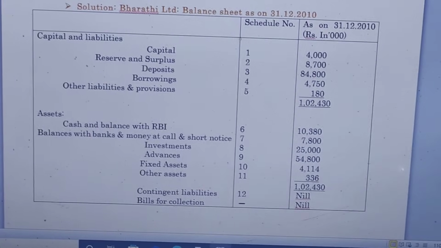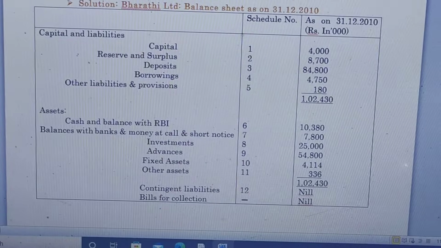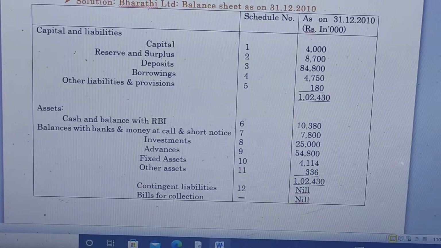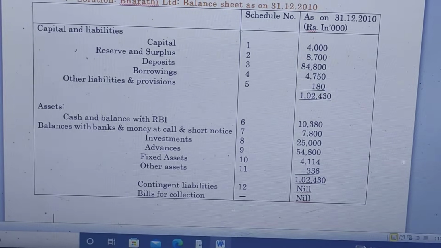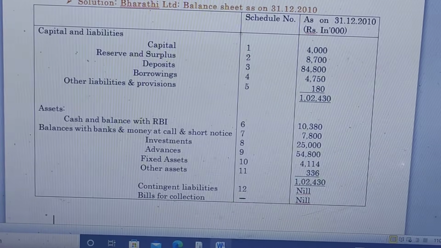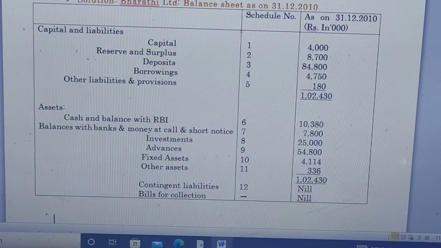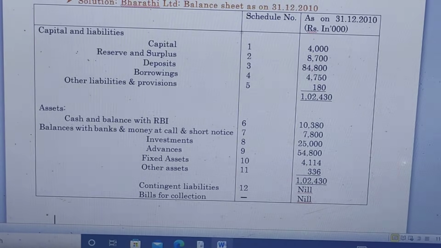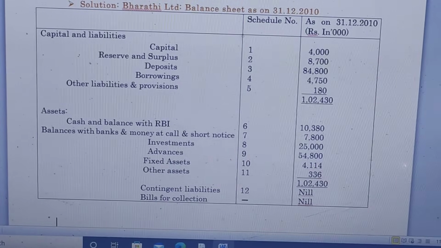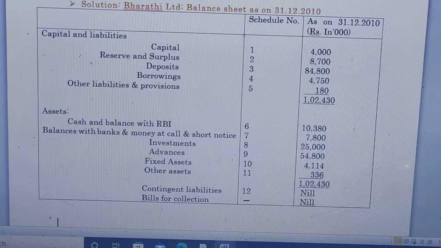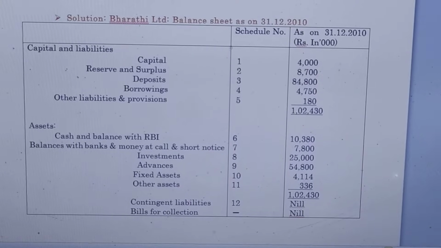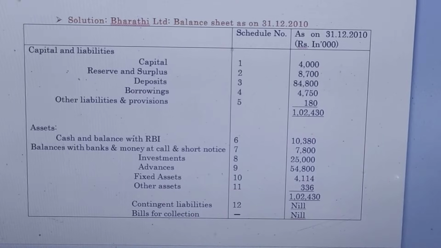The schedule number 9 total is 54,800, and the schedule number 10 heading is fixed assets, with a total of 4,104. Schedule number 11 heading is other assets, with a total of 336.